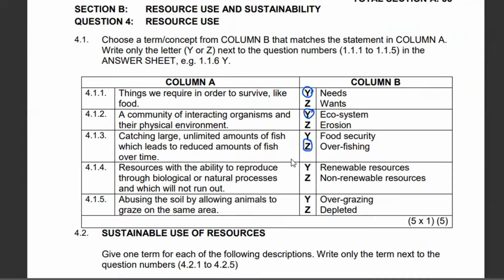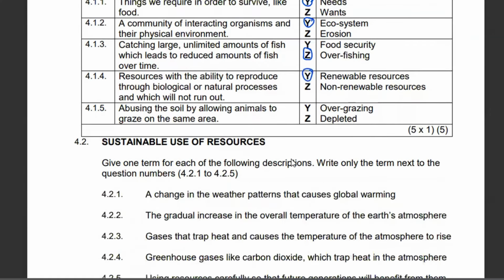Resources with the ability to reproduce through biological or natural processes, which do not run out. Are they renewable or non-renewable? Those are renewable resources. Abusing the soil by allowing animals to graze on the same area. Is it overgrazing or depleted? It is overgrazing. Here you have your 5 marks.